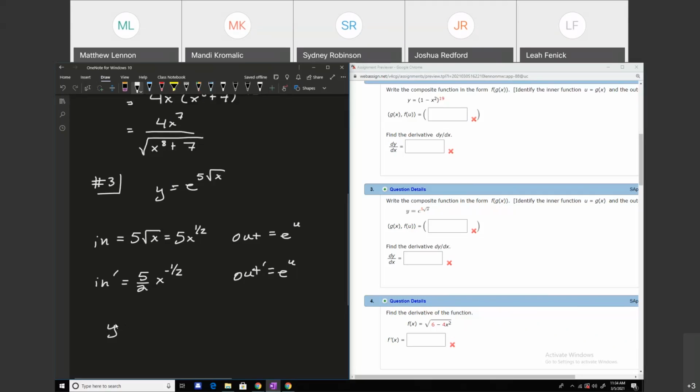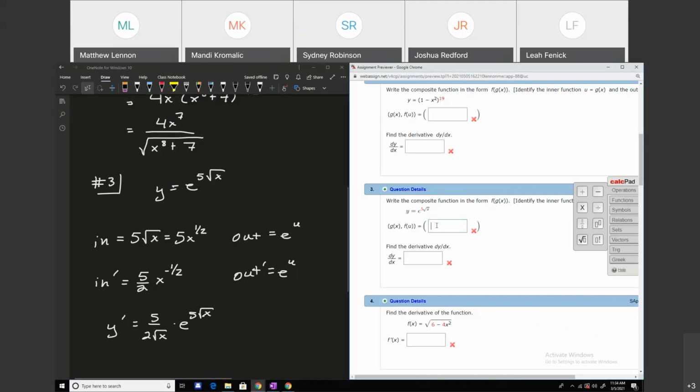So our y prime here would be 5 over 2 square root x times e to the original inside, which was 5 square root x. Right. So our original inside function was 5 square root x, and our outside was e to the u.